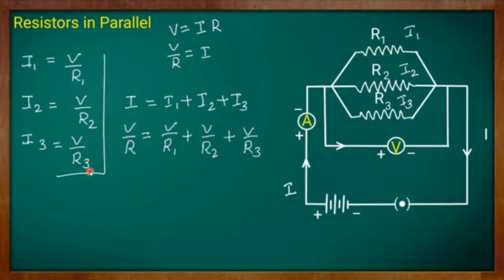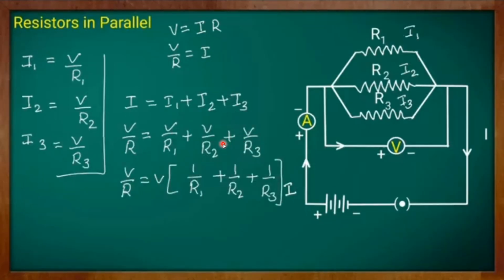Let us substitute it, children. So V divided by R is equal to V by R1 plus V by R2 plus V by R3. You can notice that in the RHS part V is a common term. If I take V as a common term, I can write V divided by R is equal to V into, inside the bracket, 1 over R1 plus 1 over R2 plus 1 over R3.